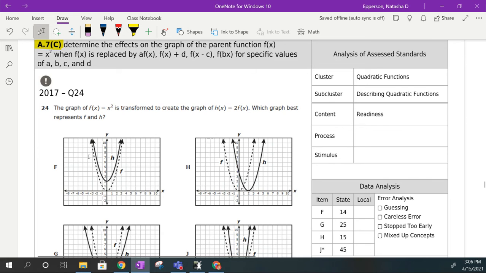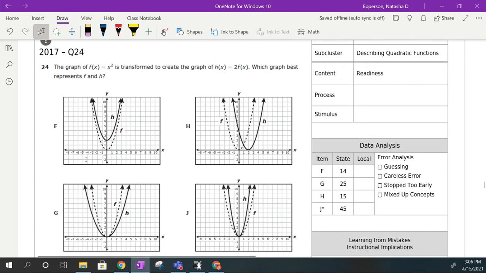The graph of the function is transformed to create 2f of x. That means that is a vertical stretch. It's outside the parentheses. Our vertex is going to remain the same. So H is out automatically. And F is out because we have a shift up. Now, vertical stretch means our graph is going to be more narrow than the parent function.